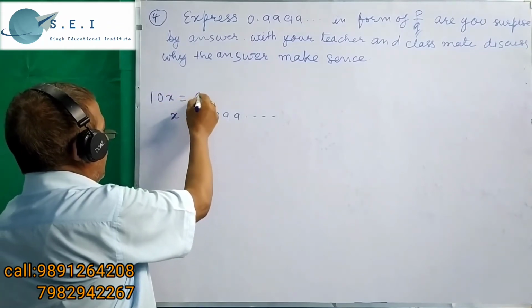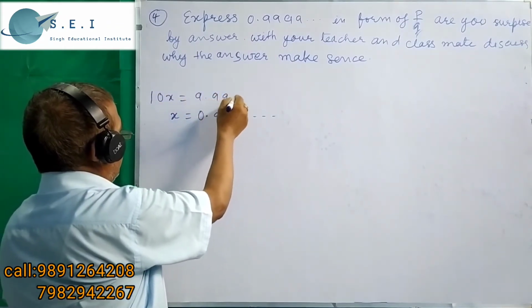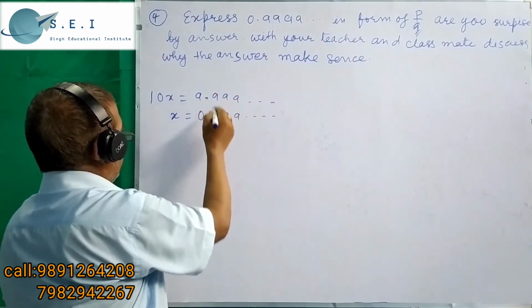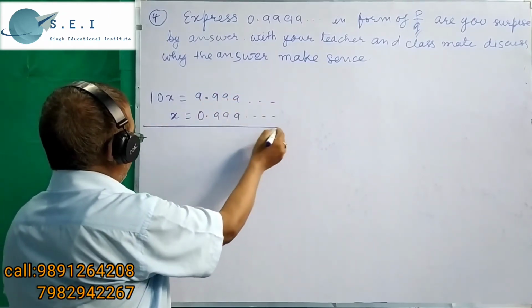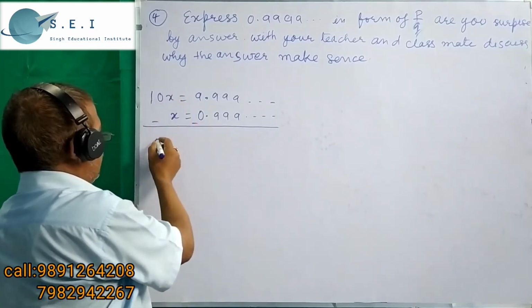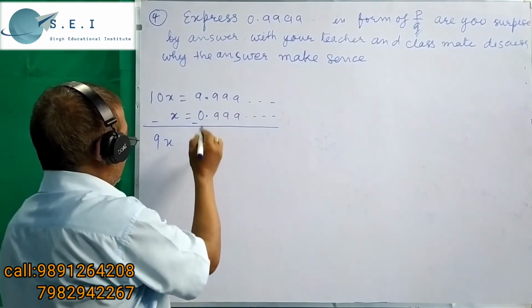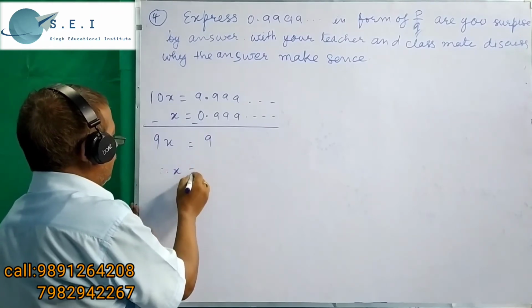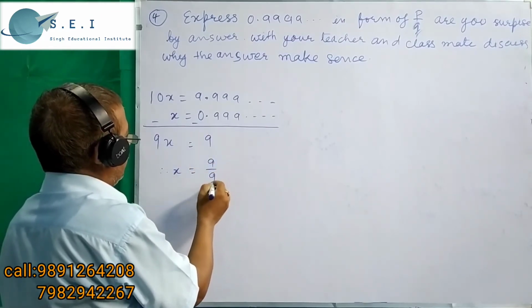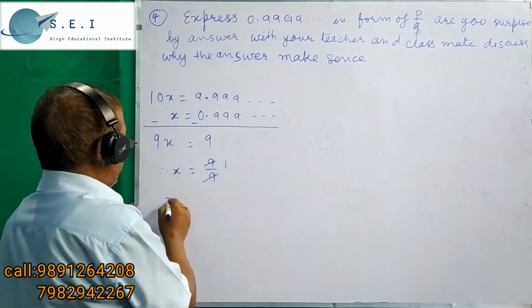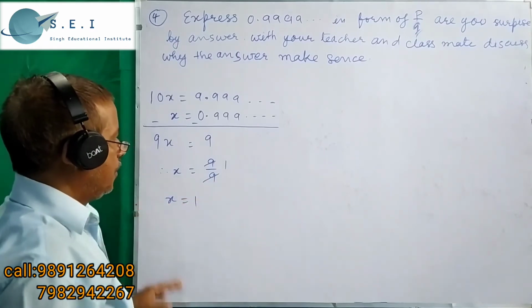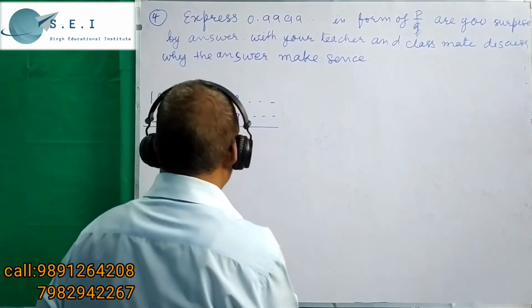So the answer is 9.999 and so on. Subtract on both sides. This gives 9x and this side gives 9. Therefore x is equal to 9 upon 9, which is equal to 1. The answer is 1. This answer is surprising.